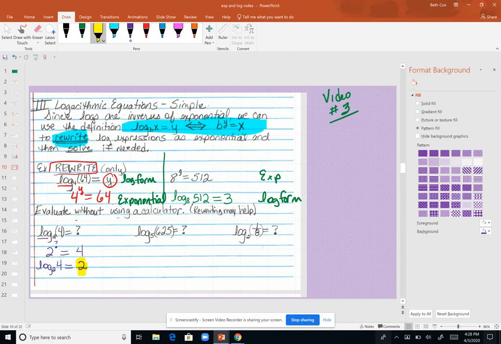The log says what exponent turns 5 into 625? And we can sit there and think about that. We look at our power sheet. I think we know it's 4. I think 4 is the exponent that turns 5 into 625. And so that becomes log base 5 of 625 is equal to 4.